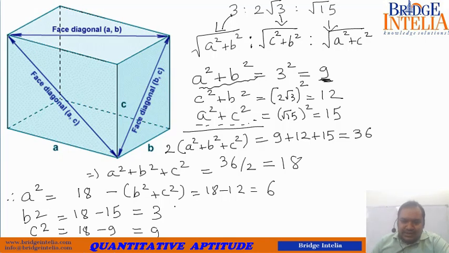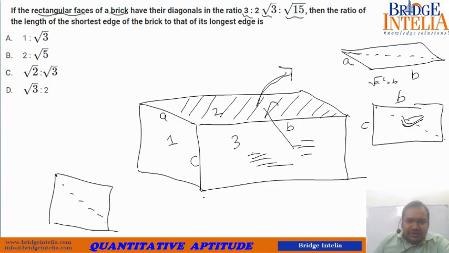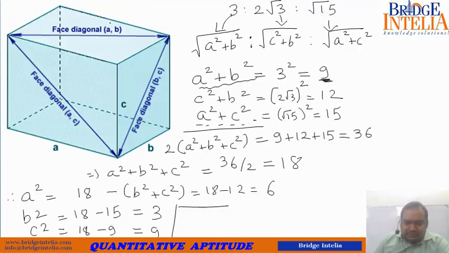So from here, what have we been asked to find? We have to find the length of the shortest edge. So basically we have to find all the three edges. So a is equal to root 6 because a square is equal to 6. So a is equal to root 6, b is equal to root 3 and c is equal to root 9, that is equal to 3.